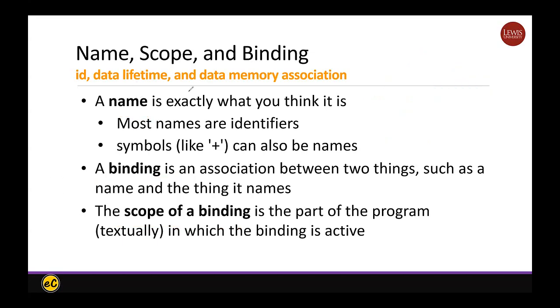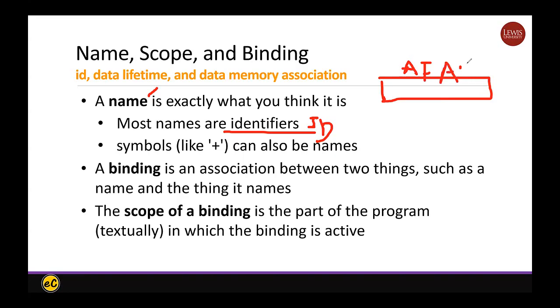Now, first, what is a name? A name is called an identifier, sometimes called an ID. Think of memory: you have some location with an address.